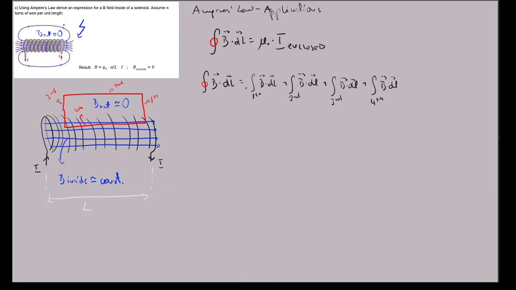So let's consider the first segment of the loop. What we have here in this picture is that the magnetic field B is perpendicular to the element dl. So here's the element dl, and here's B. This element dl is perpendicular to the magnetic field B. And then once you move outside of the solenoid, let's say you're here, and here is a new element dl.